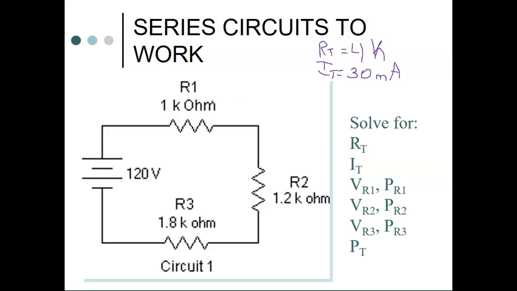So you take it to all the resistors, so R1 gets 30 milliamps. Okay, so we got the 30 milliamps.